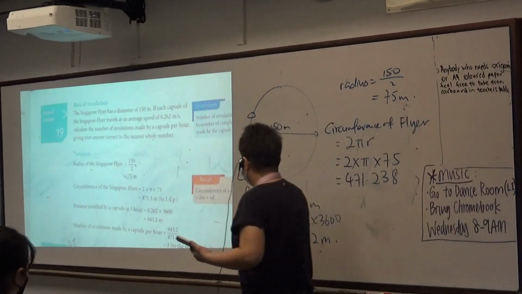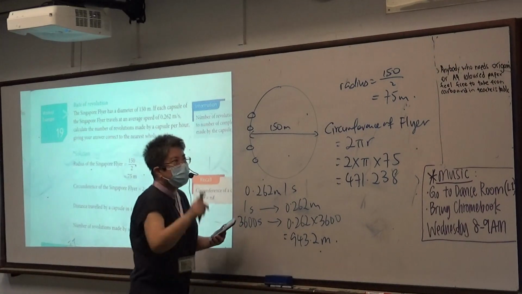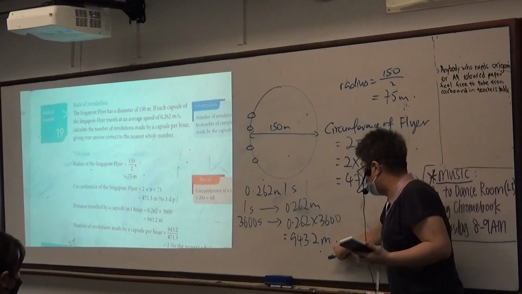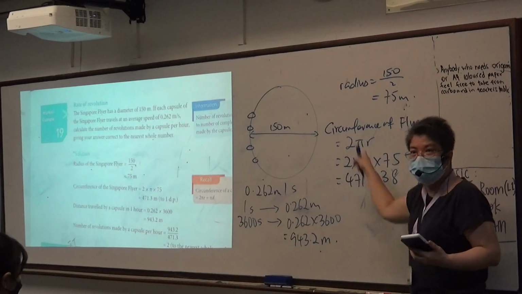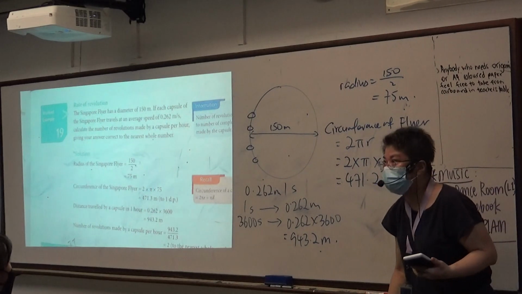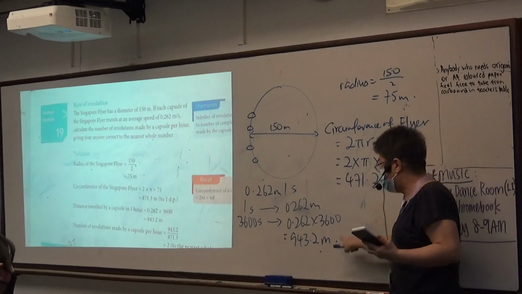Now, in 1 hour, the capsule traveled this distance. The circumference of the flyer is this. So I must take this divided by this, right? To see how many rounds. You agree with me or not? Yes or no? Why this divided by this? Because this is 1 round. 1 round is this distance. So she traveled this distance.